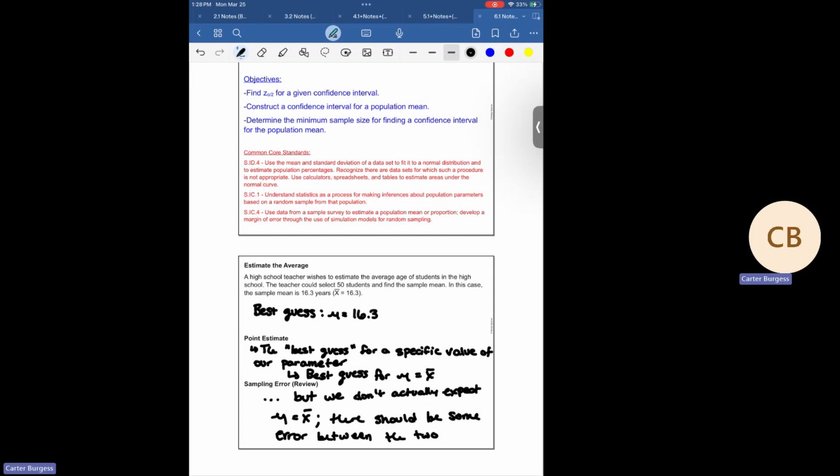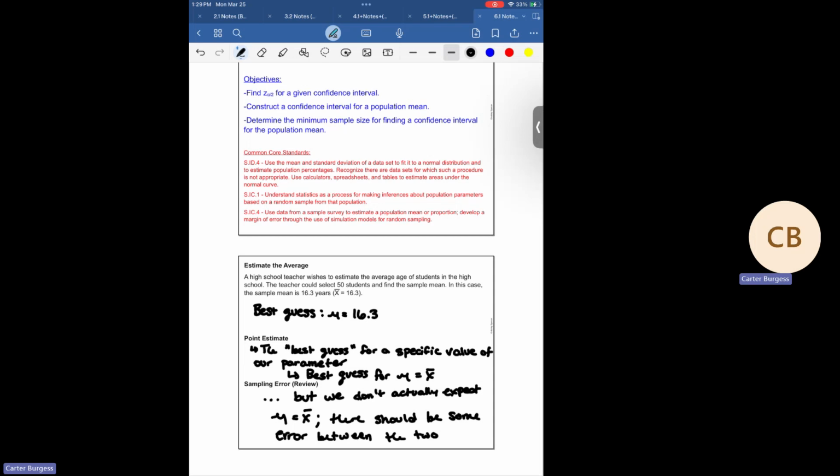And so we have this idea that we might see, just naturally, by random luck, a discrepancy between what our guess for the mean is and what the actual mean is, right? That would be our error here. We're a little bit off.